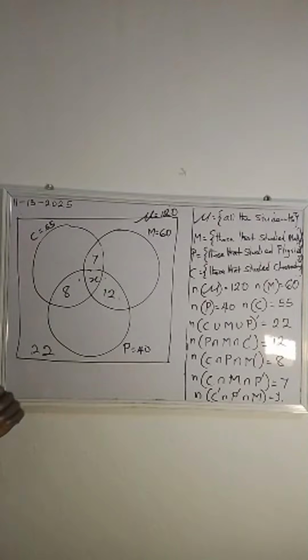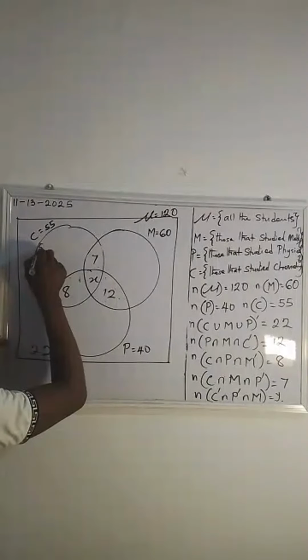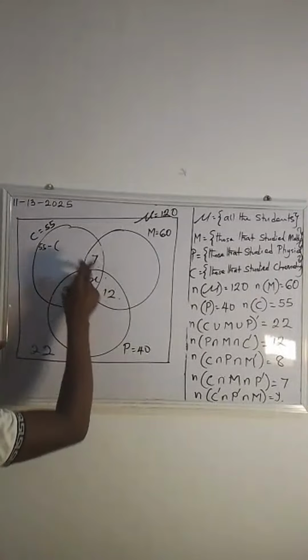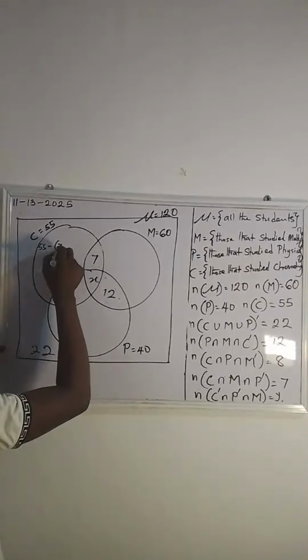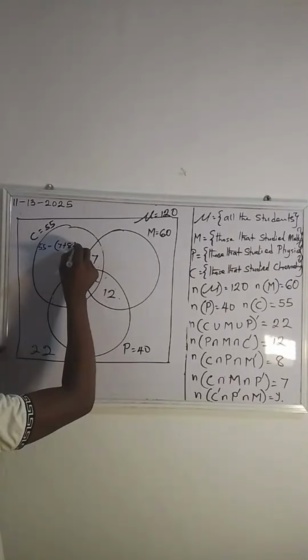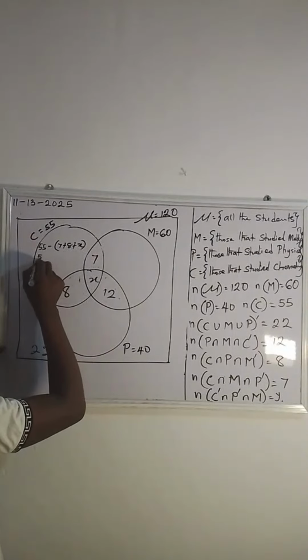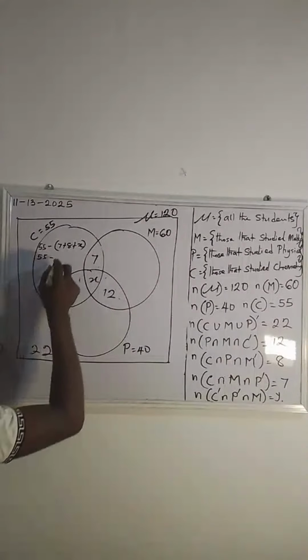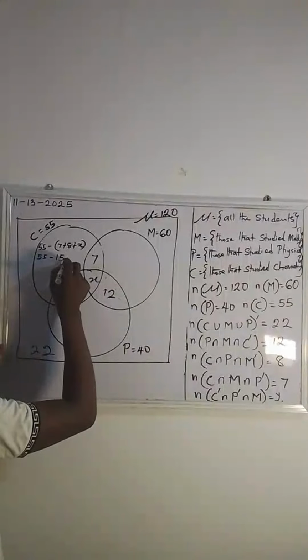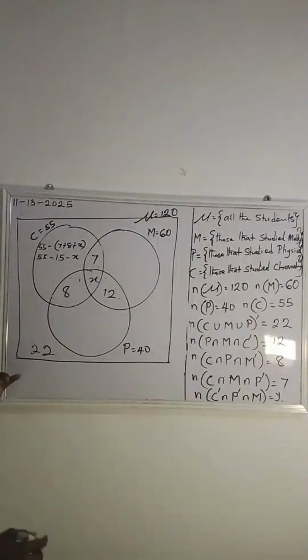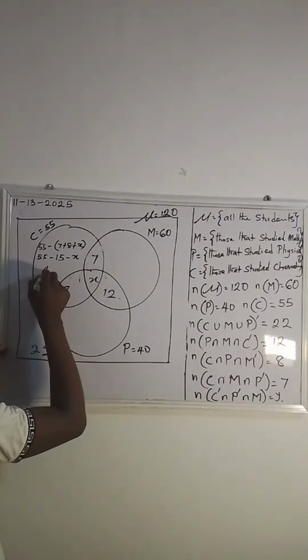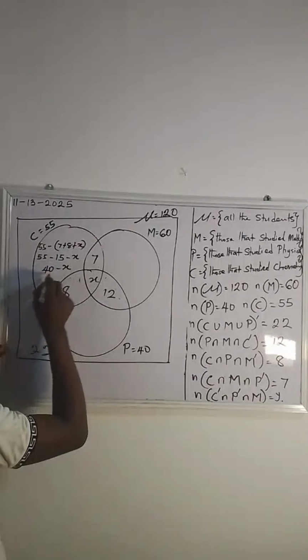So we have 55 minus 7 plus 8 plus x, that's 55 minus 15 minus x, which is 40 minus x.